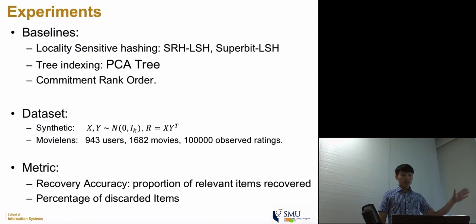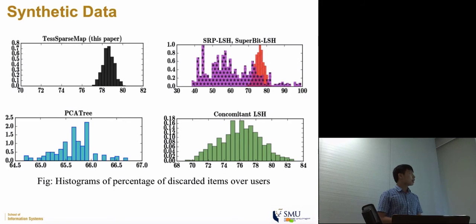So the synthetic data. The way they display the result is using a histogram, because the percentage of discarded items varies from user to user. It's not similar, so they use a histogram to display the result.